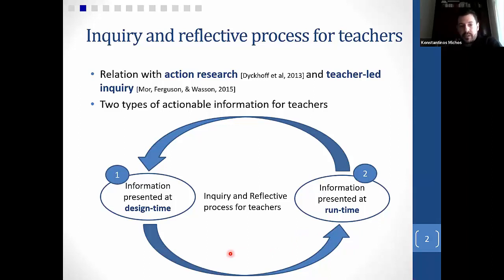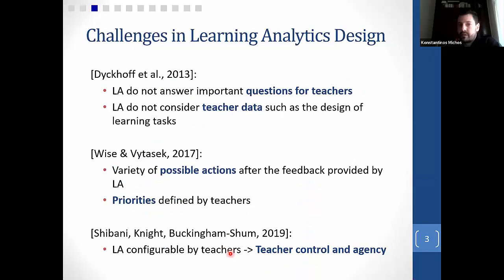However, we see that in learning analytics design research, certain challenges have been documented regarding teachers. One issue is that this type of information might not answer important questions for teachers, for example, to what extent they understand how the students perceive the learning.